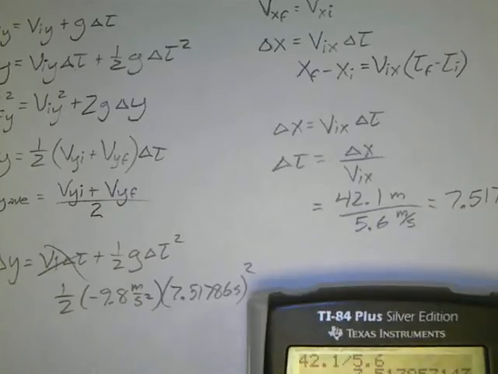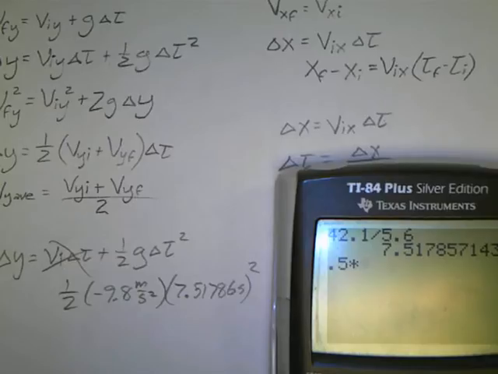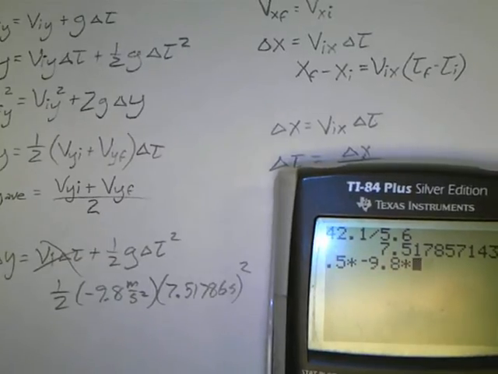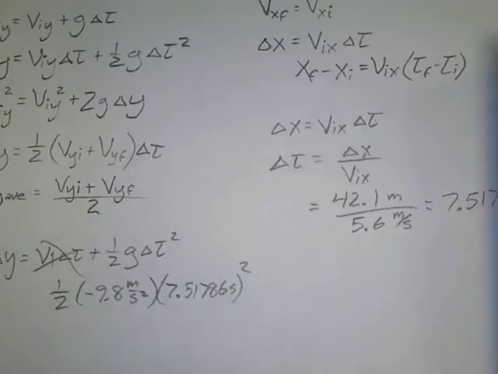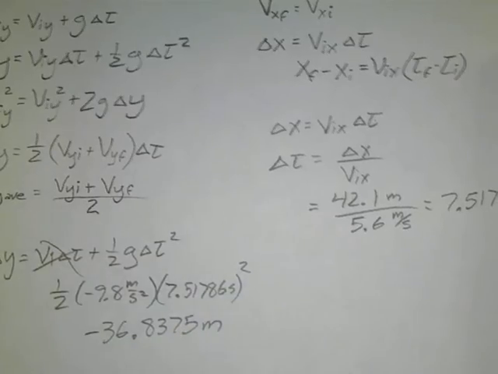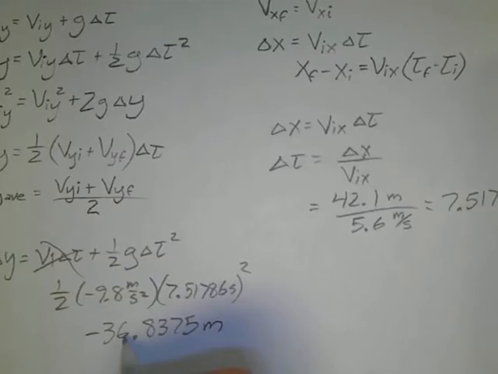So 0.5 times negative 9.8 times 7, well, second answer, negative 36.8375. And they want the absolute value. So we're going to take this. Oh, I didn't square my answer.